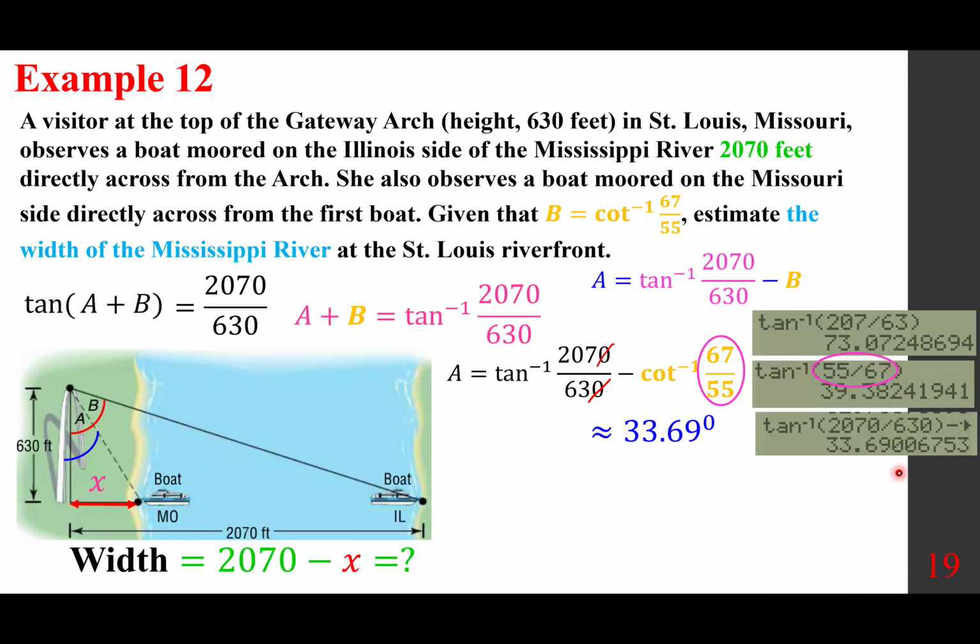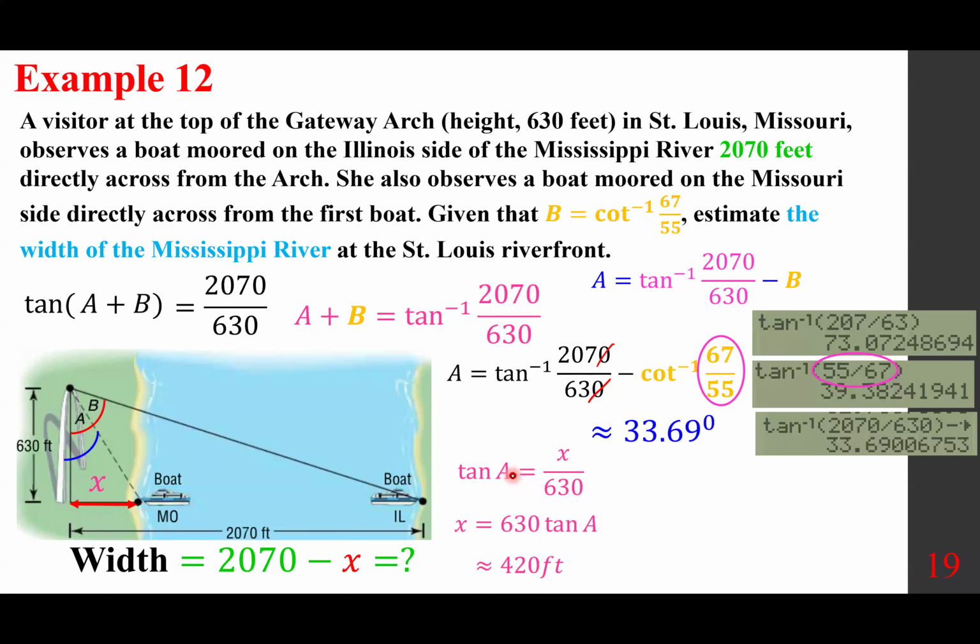So now, if A is given as 33.69, almost 34 degrees, and we know it's the opposite, x, over the adjacent, the height of 630, then x is the product of these two by the cross product. Putting it into a calculator results in 420 feet.